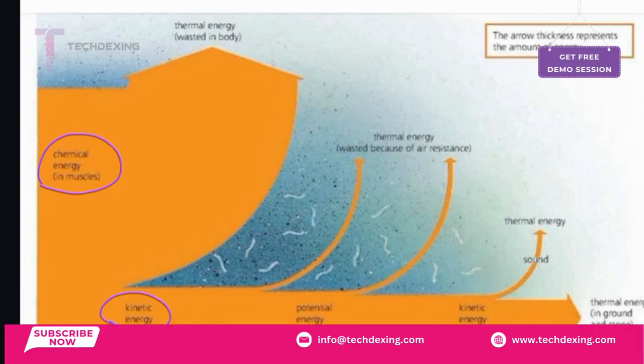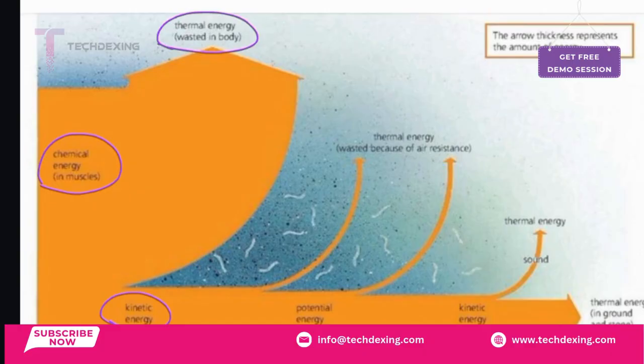So when the boy is picking up the stone and throwing it up in the air, the stone starts to move, and we know that the energy associated with a moving body is kinetic energy. So the chemical energy stored in the muscles of the boy is converted into the kinetic energy of the stone. But at the same time, we have this much energy, which is a lot.